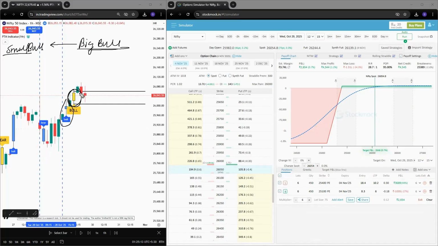Before this pivot candle, if the small signal is also bull, then this condition is valid for aggressive VRP harvesting.